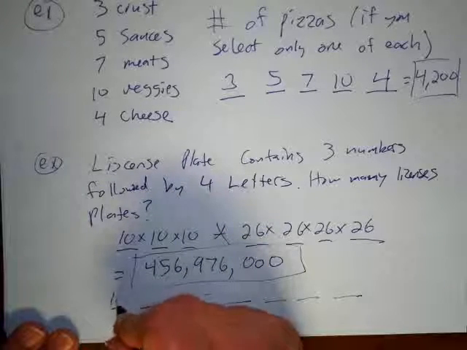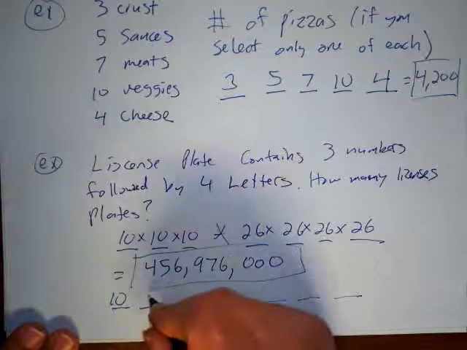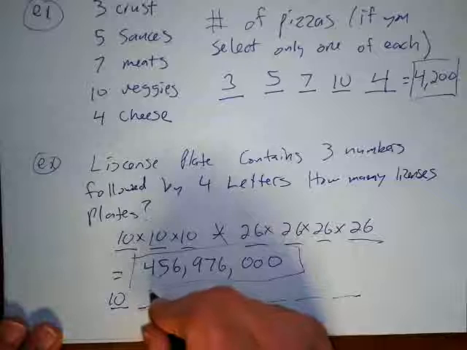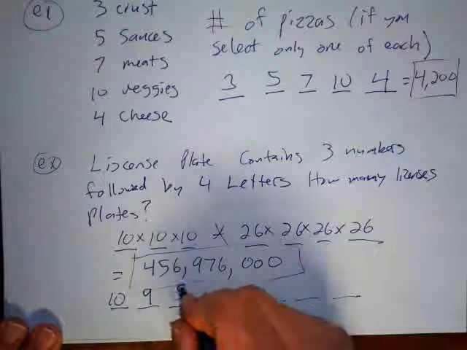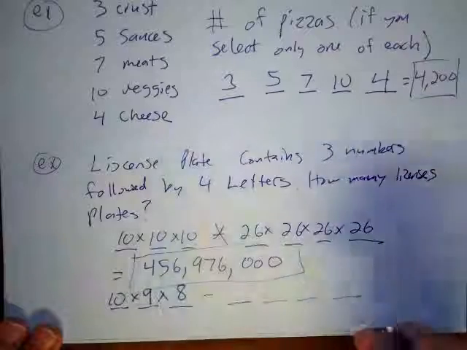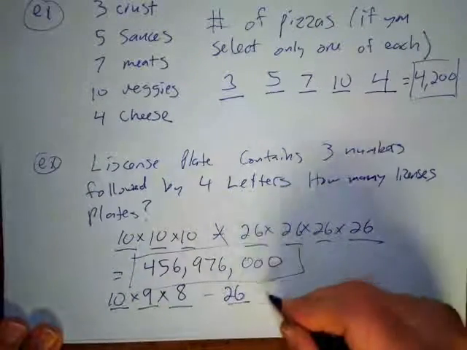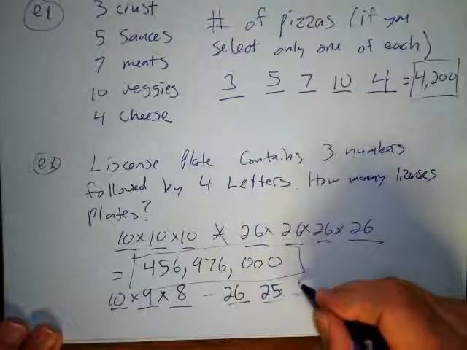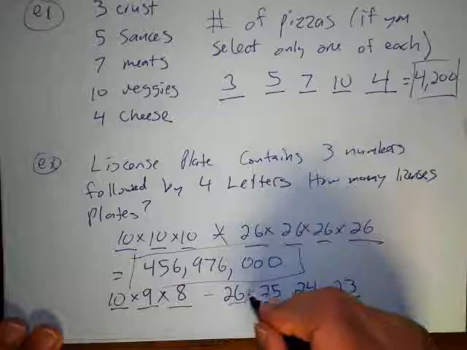So there would be 10 numbers to start with. You could choose any of the 10 for the first one. But then once you've chosen a number, there's only 9 numbers for the second one, and then 8 numbers for the third one. Okay? And then there's 26 letters you could choose for the first one, and then 25, 24, and 23. Okay?